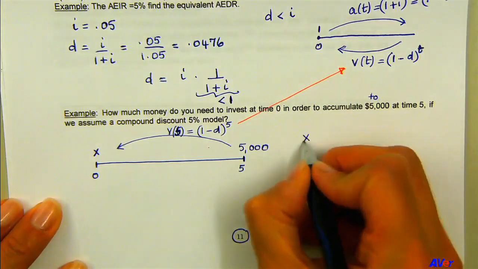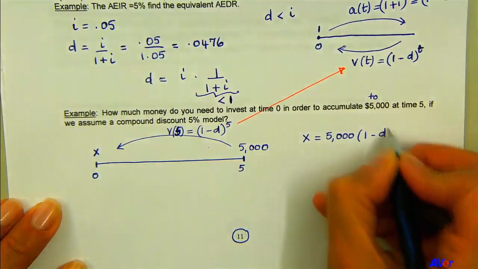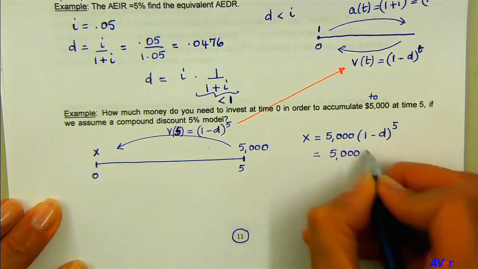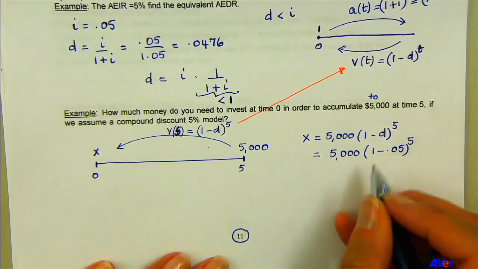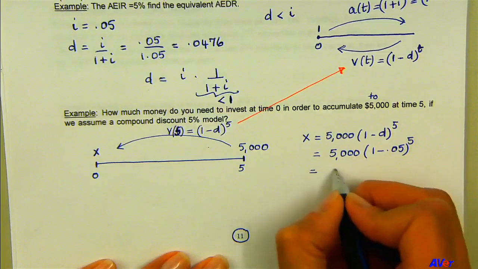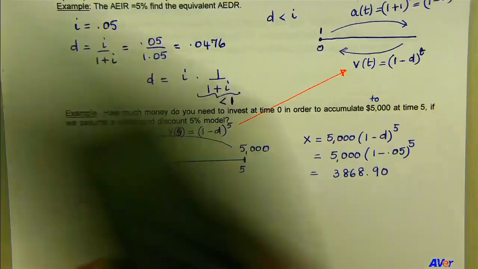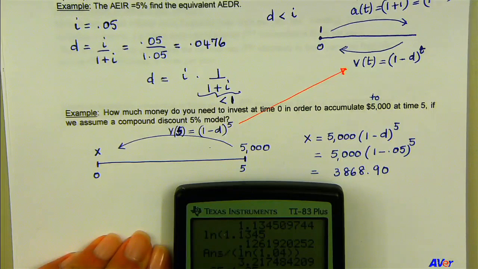So x is equal to 5,000 times (1 minus d) to the 5th power. And you just clean this up. 5,000 times (1 minus 0.05) to the 5, which gives me 3868.90. 5,000 times 0.95 raised to the 5.